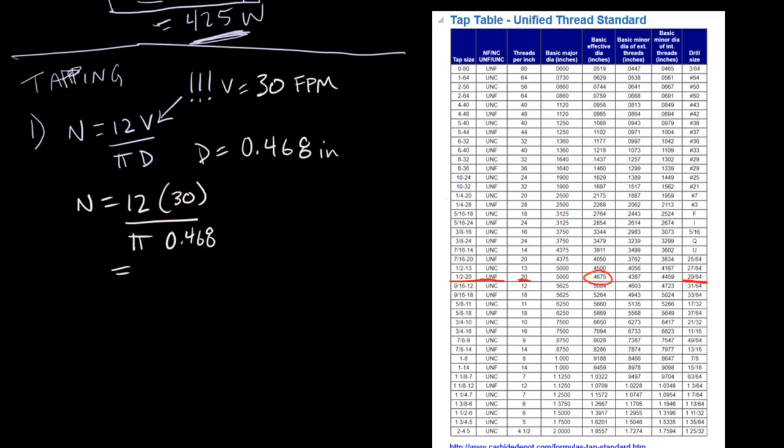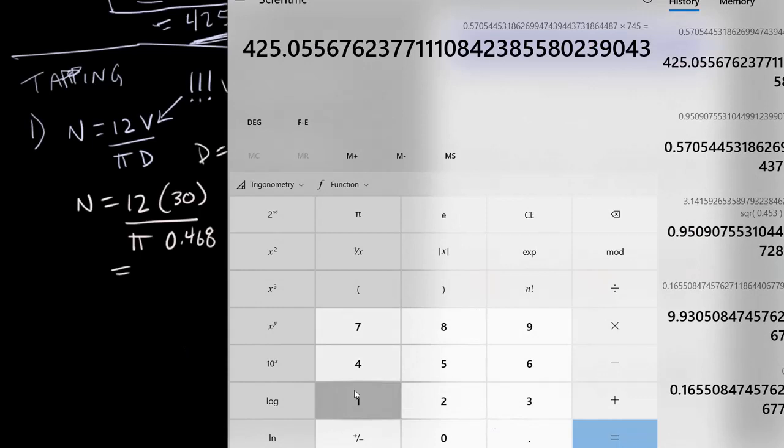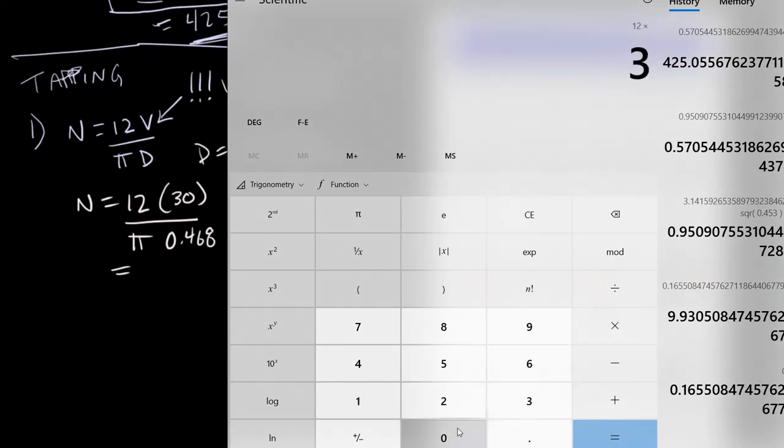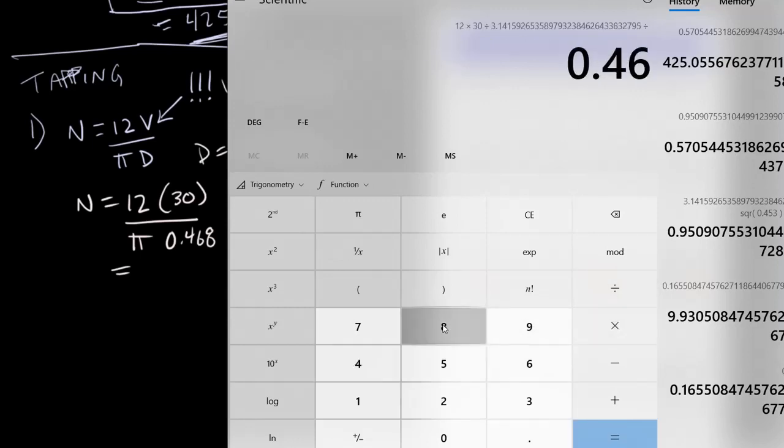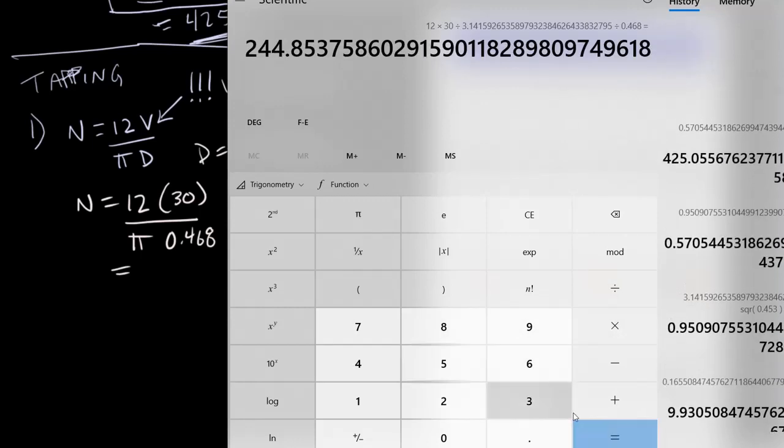And so when we calculate that, 12 times 30 divided by pi divided by 0.468, that's now equal to 244, well, let's call it 245.